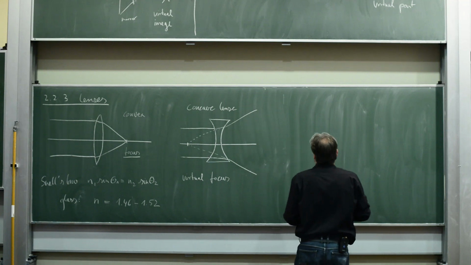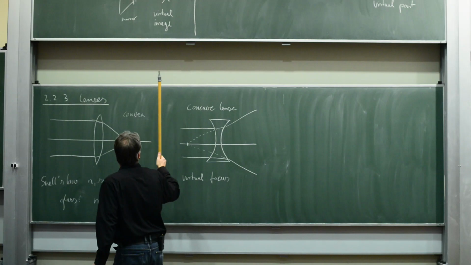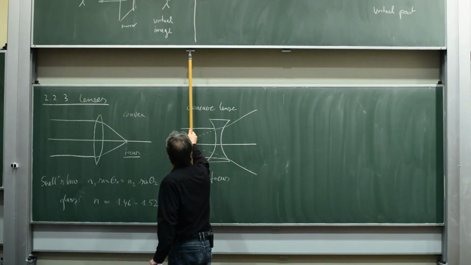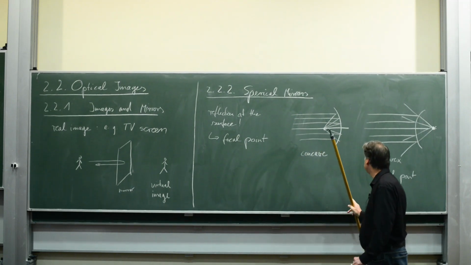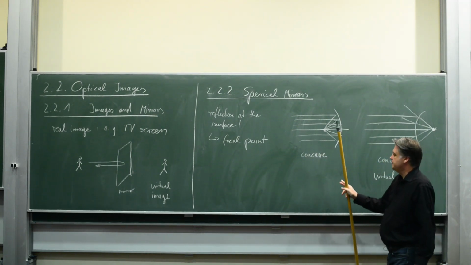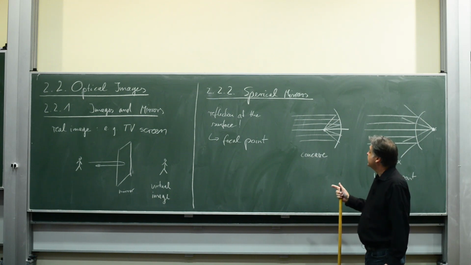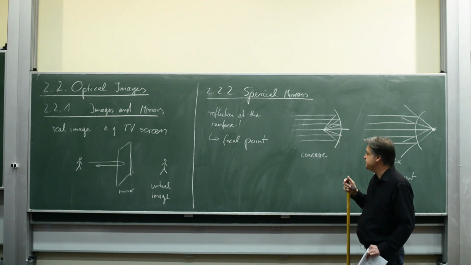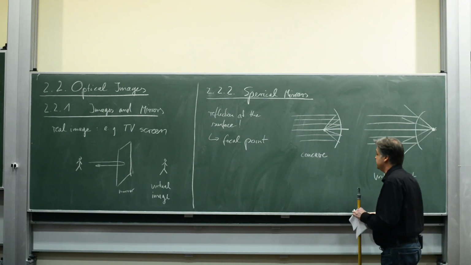If we compare that with the mirrors, concave and convex, the concave reflecting mirror gave a real focal point, and the convex a virtual focal point.